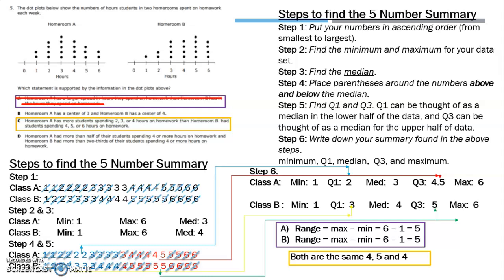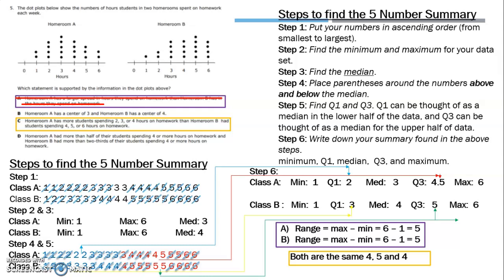It says homeroom A has more students spread in 2, 3, and 4 hours on homework that spend more time on that homework than B had students on 4, 5, and 6. So 2, 3, and 4 had, for A, how many people were in 2, 3, and 4? So we have 4, 5, 6, 7, 8, 9, 10, 11, 12, 13 students.